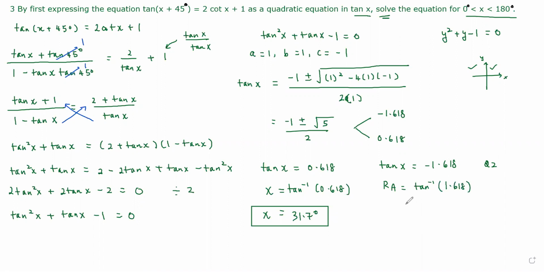This must be positive. It cannot be negative. That will give us 58.3 degrees. Then x must be 180 minus 58.3 degrees. And over here we have 121.7 degrees. So these are the two solutions that we have.